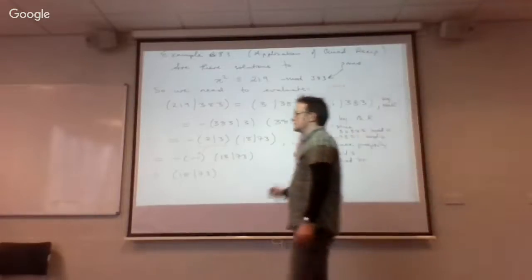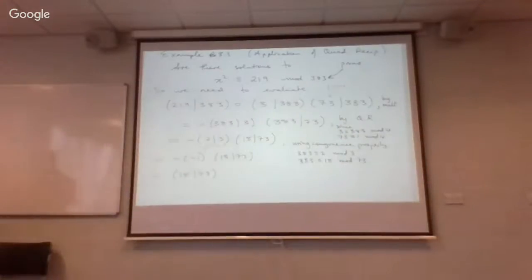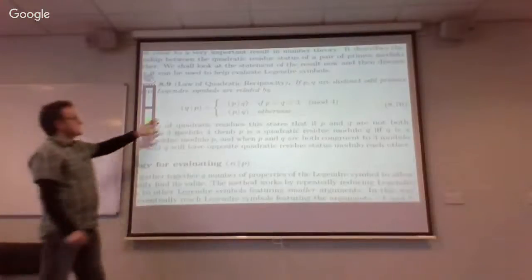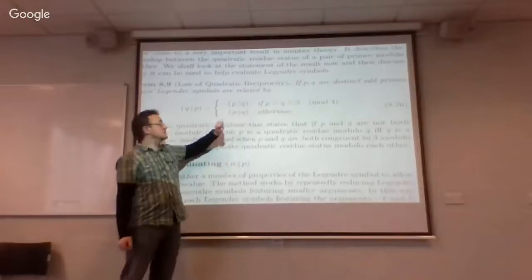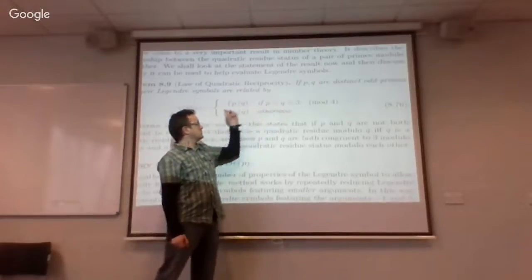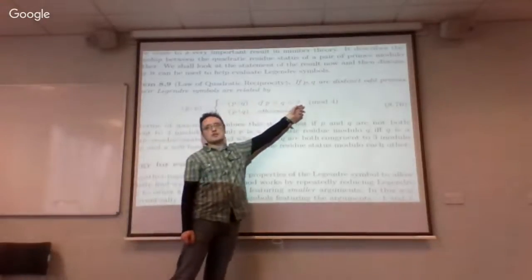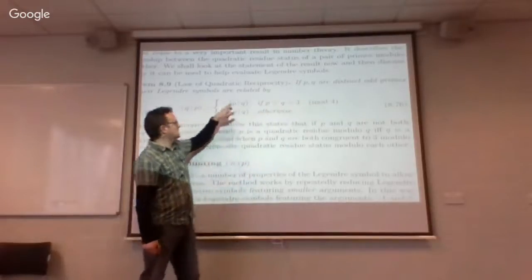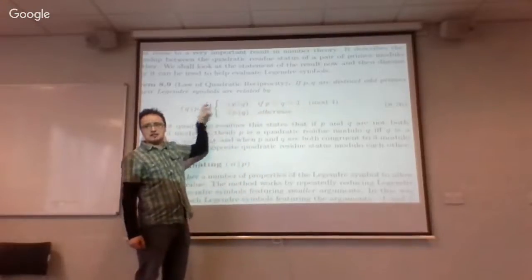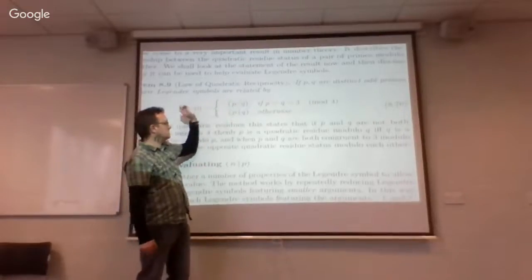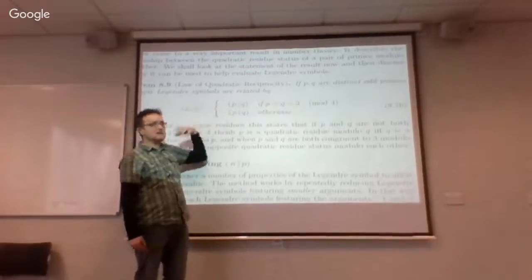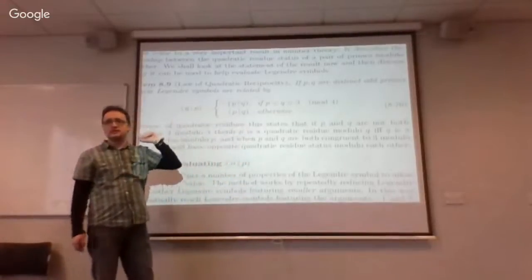So remember, quadratic reciprocity said that the two Legendre symbols, (q/p) is equal to (p/q), unless both of the primes are congruent to 3 mod 4. If they are, you have to introduce a minus sign because they have opposite states. If q is a residue modulo p, then p is not a residue modulo q, and vice versa.